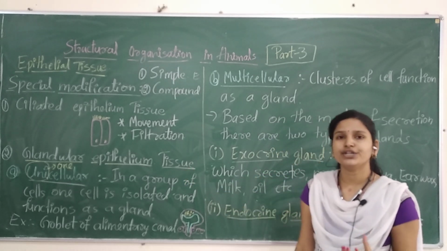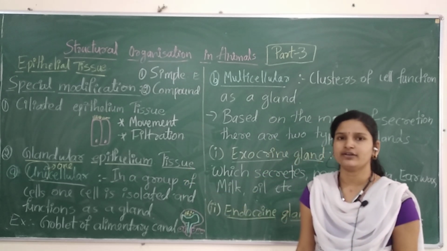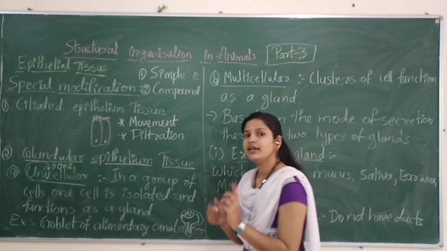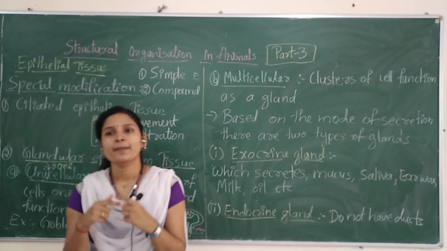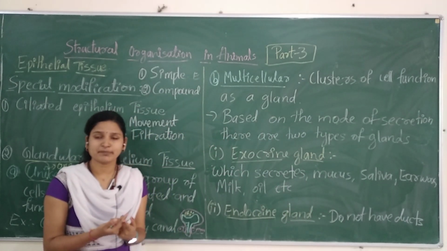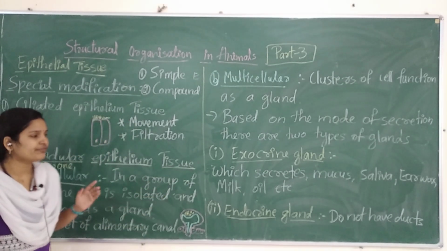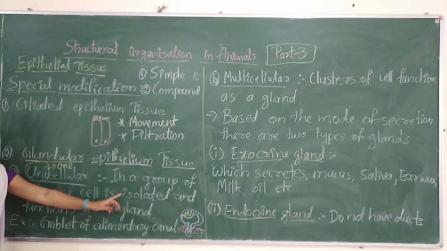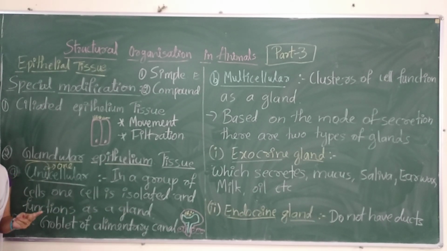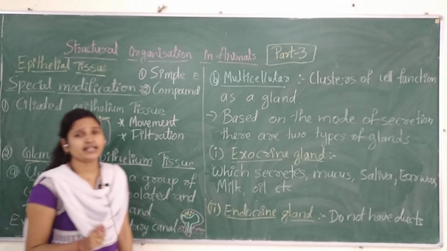It is going to form one type of gland. Either one cell in a cluster of cells, or all the cluster of cells is performing one function. Based on that, we have divided these glandular epithelial tissues into two types. Here unicellular: uni means only one cell is involved.